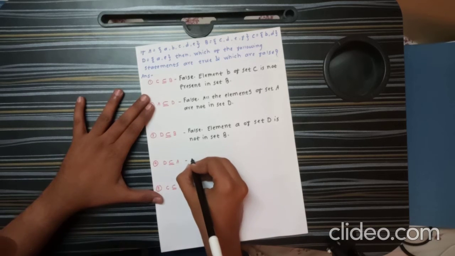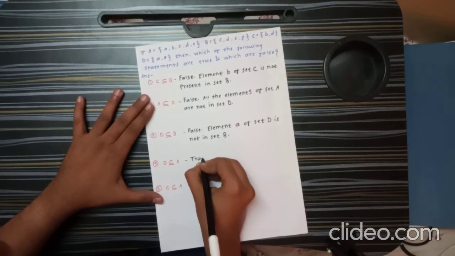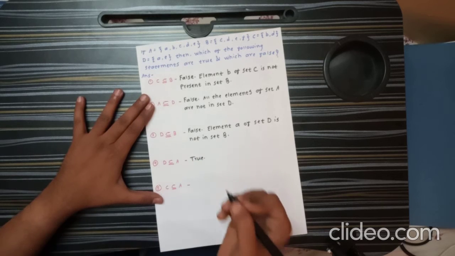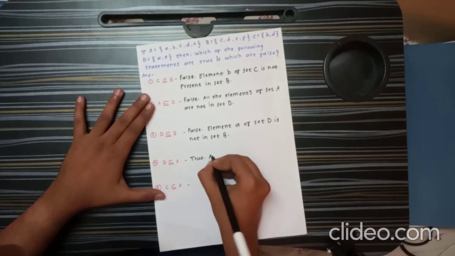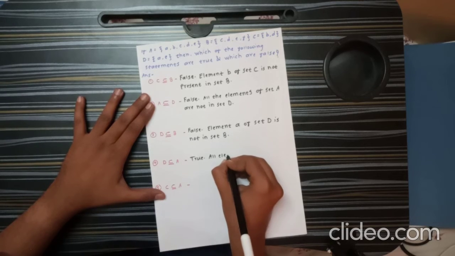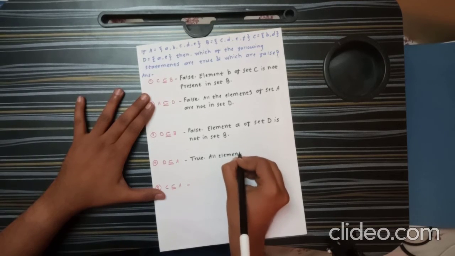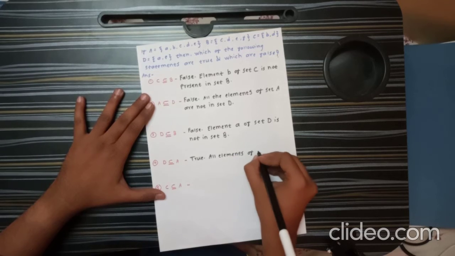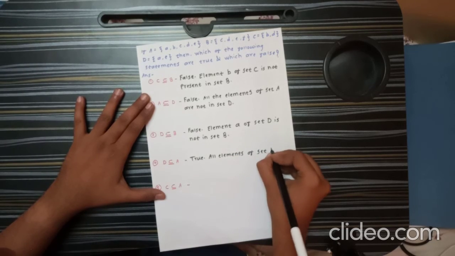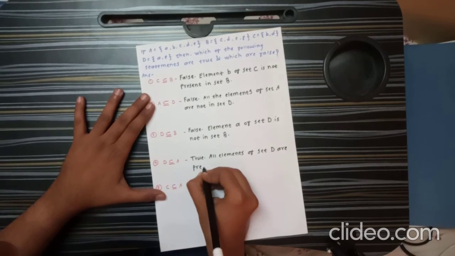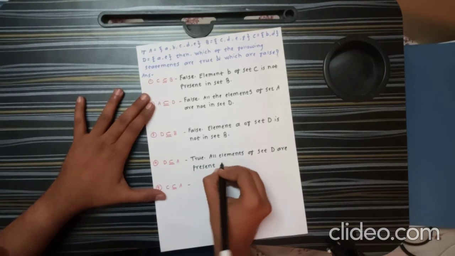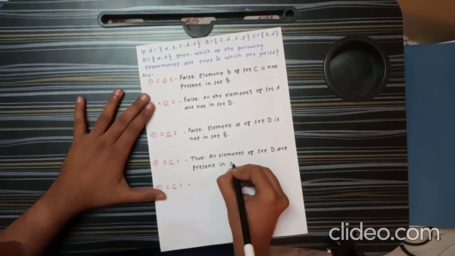So first of all we'll write it as true, and the reason also we have to specify. Though the statement is true, all elements of set D are present in set A.